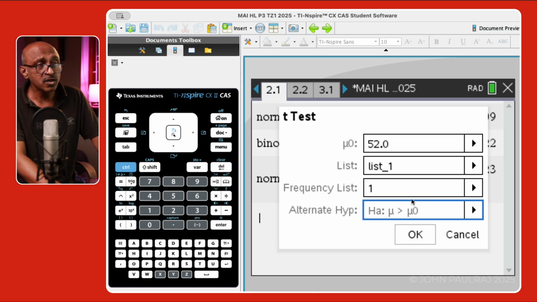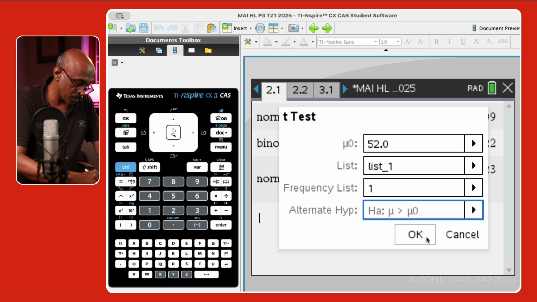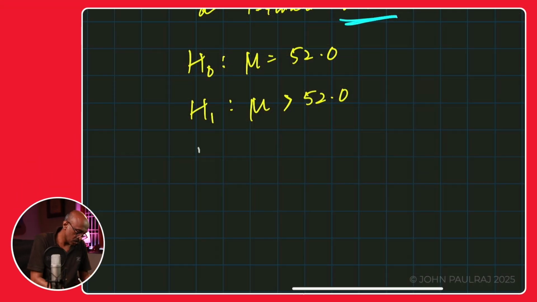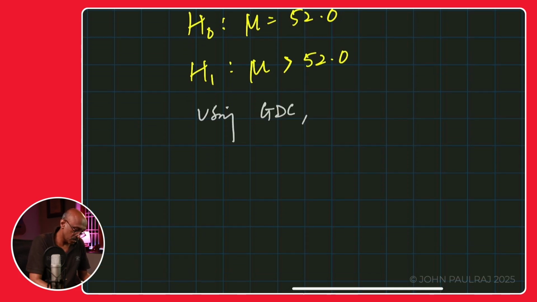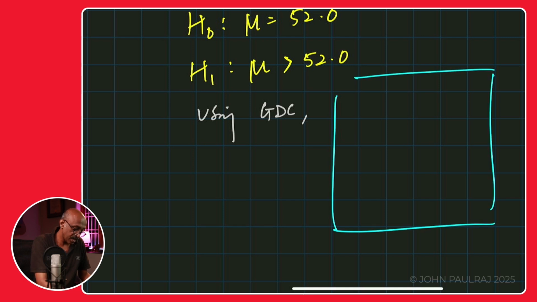and we're saying that it's increased. But you don't write mu naught, you write what it is, 52.0, and remember all this has to be entered to show the examiner that you understood the working, or you know what you're going to do. So we can say using GDC, on the GDC, how you used it is what you can write down, so you can write down the GDC entries.